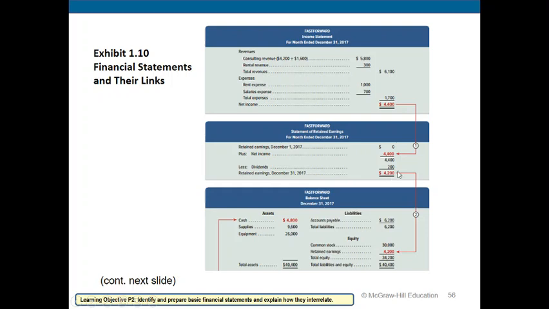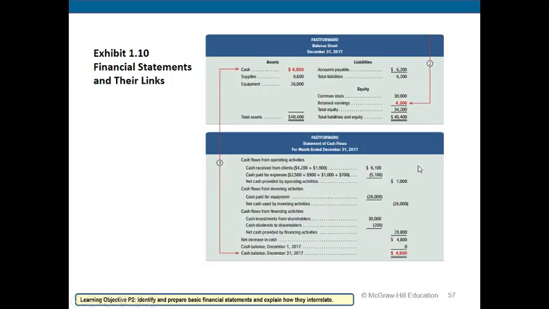Well, now that we have retained earnings, we can prepare our balance sheet. And so here on this side, we have our assets, cash, $4,800, supplies, $9,600, and equipment, $26,000. Total assets of $40,400.